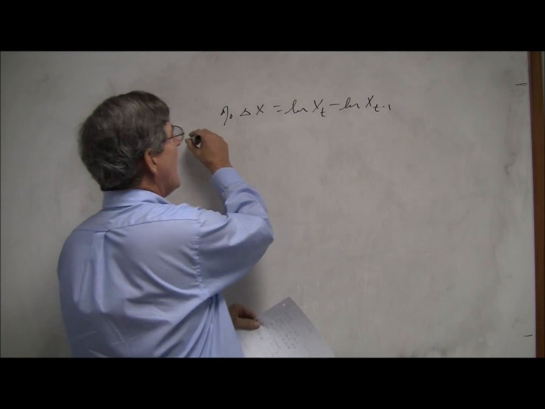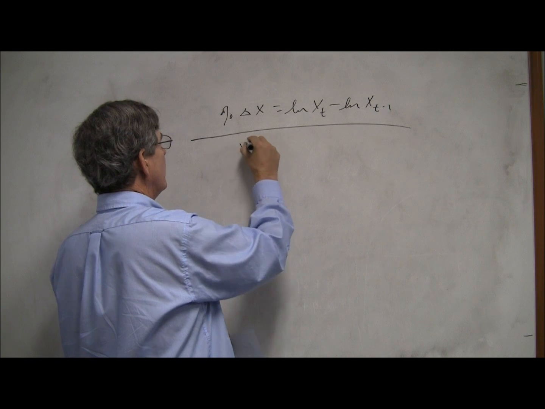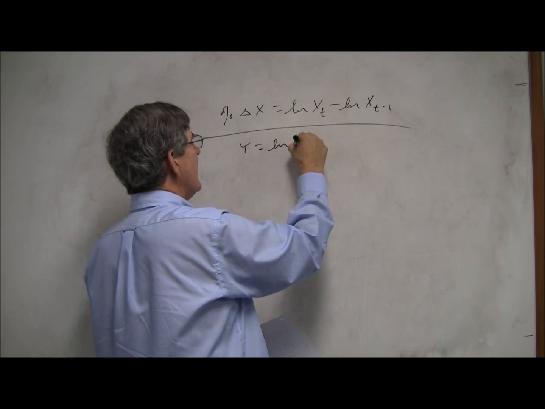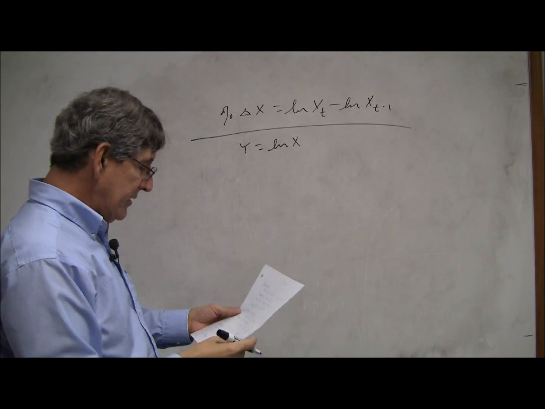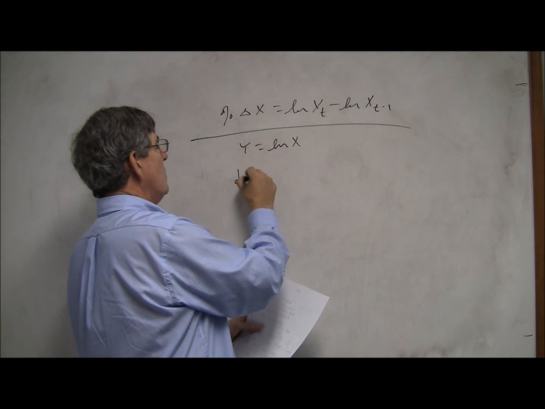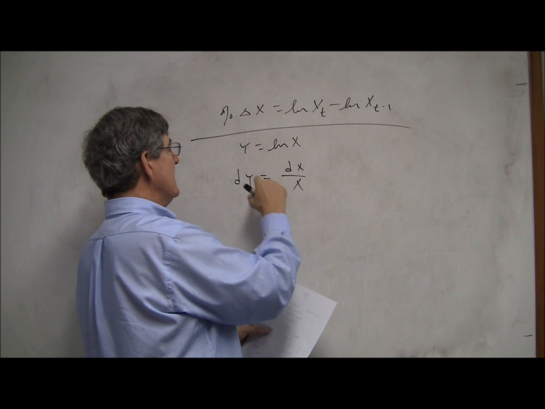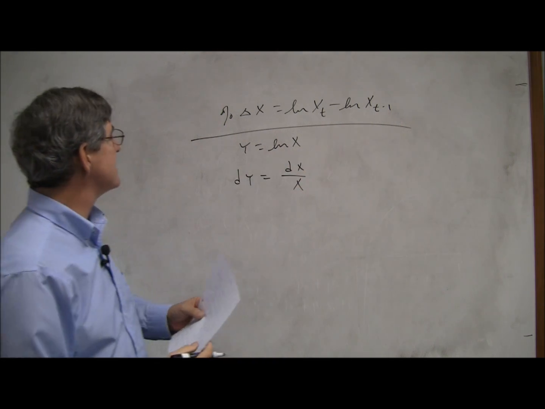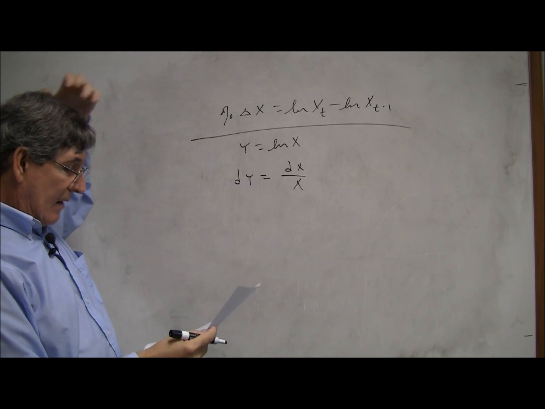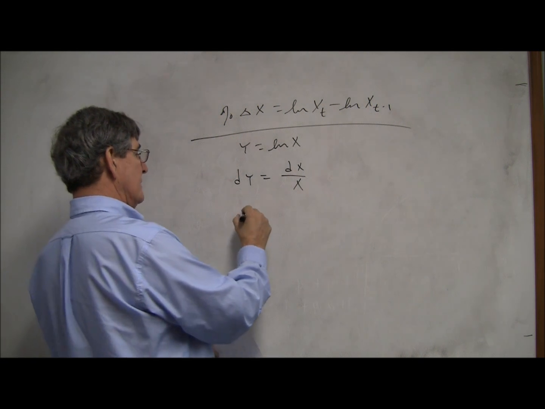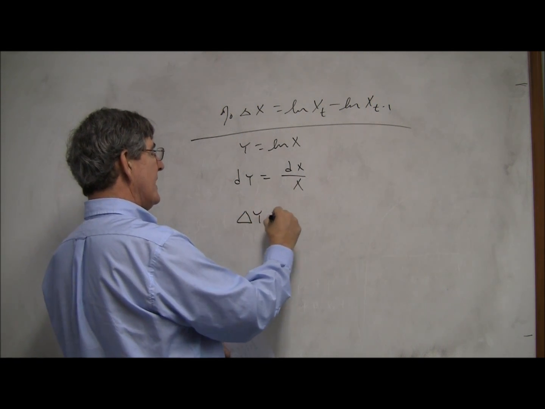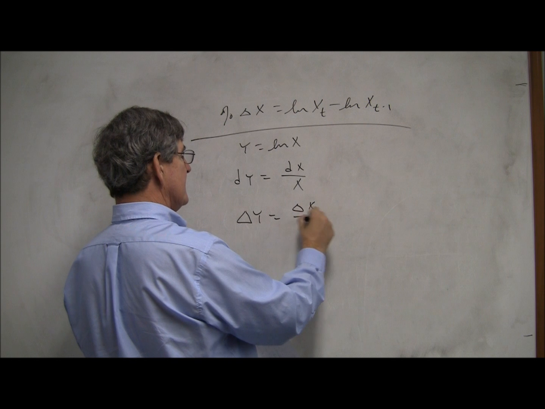Now, how does that come about? We'll start with y equals the log of x. If you remember your calculus, dy is dx over x. dy dx is 1 over x. If I write that in discrete terms, use the triangle that doesn't scare you so much, it's this.